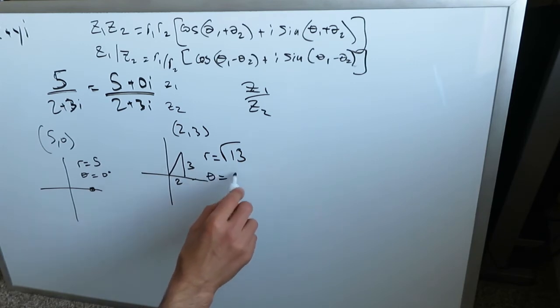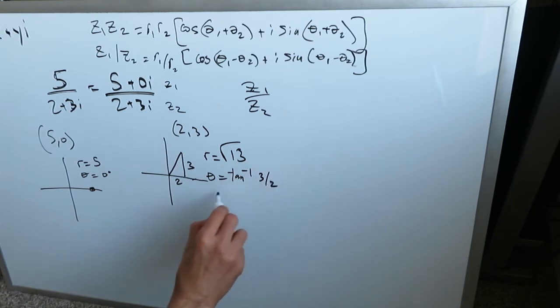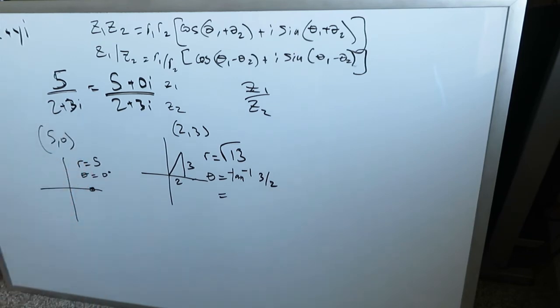Theta is going to be arctan of 3 over 2. We'll probably get a decimal answer because we don't have a trigonometric ratio involved here. Let's use our calculator. 3 divided by 2, inverse tan. I get 56.3. There's nothing wrong with getting decimals in your answers. 56.3 degrees.